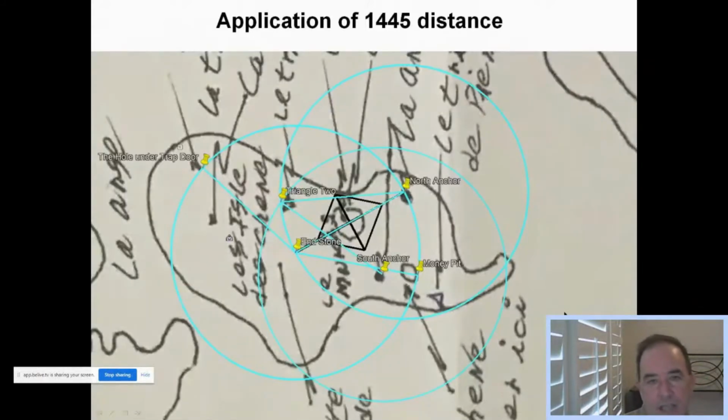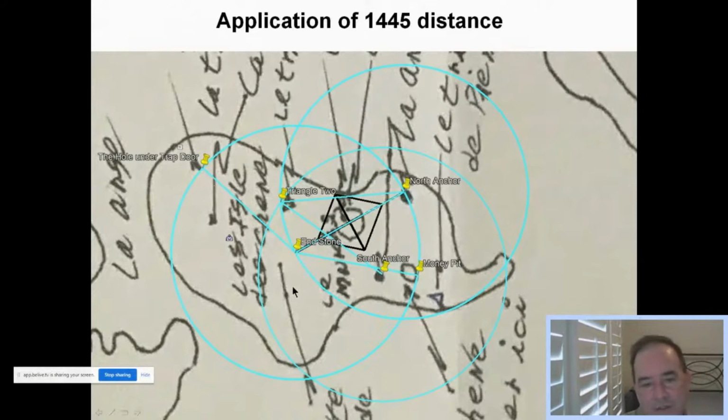This right here is the application of the 1445 distance. If you notice, there are 3 circles. The center of this circle is the south anchor. The center of this circle is the north anchor. And the center of this circle here is the end stone.